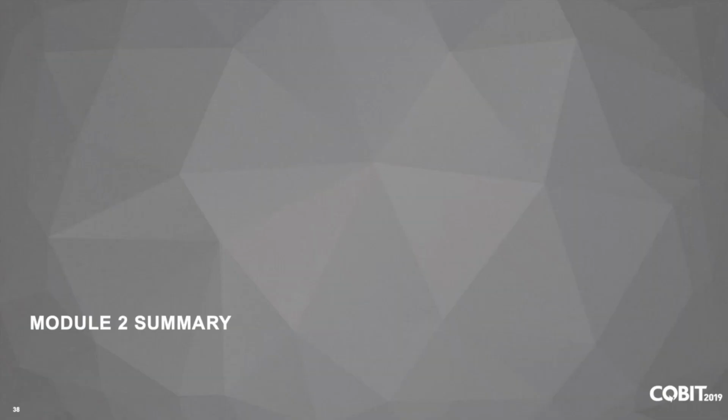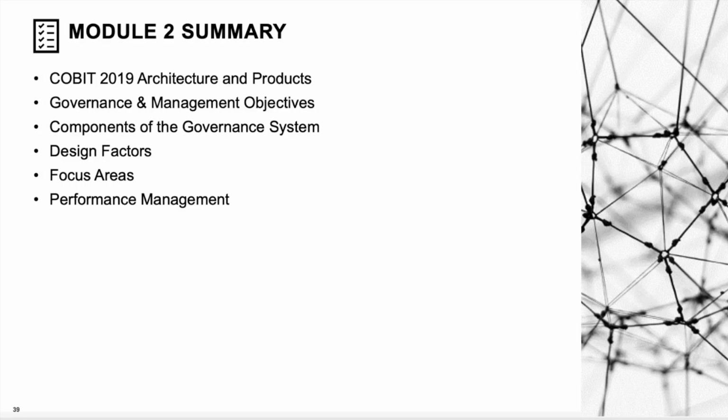Good. So that, my friends, brings us towards the end of our second module. Module number 2 was basically a bit of a recap of the entire foundation course, but just within an hour and a half. And what we discussed is the structure of the framework, what the 40 different governance and management objectives were, subdivided into the 1 governance domain and the 4 management domains. We looked at the 7 components of the governance system.